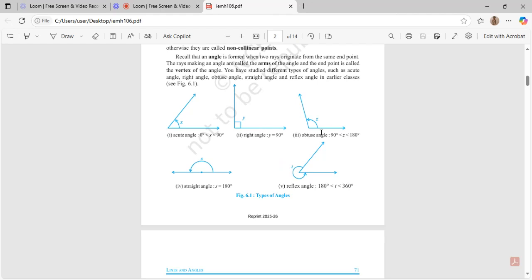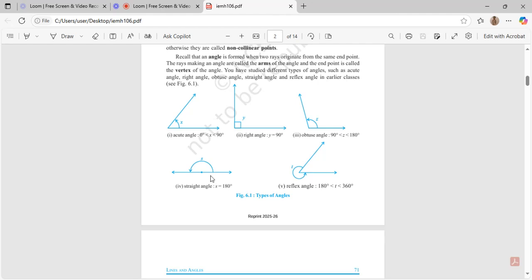Similarly, we can subtract the measure of the obtuse angle from 360 and we will get the reflex angle of that angle z. And when you subtract 180 from 360 in the fourth figure, we get the reflex angle of 180, which is again equal to 180.